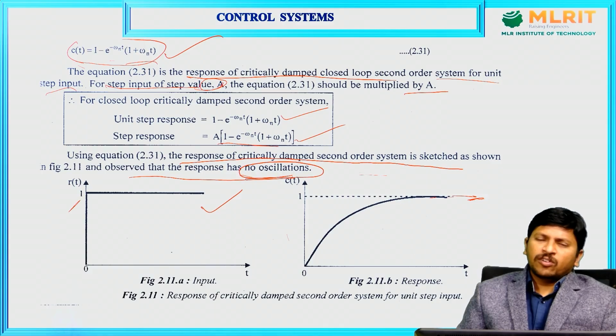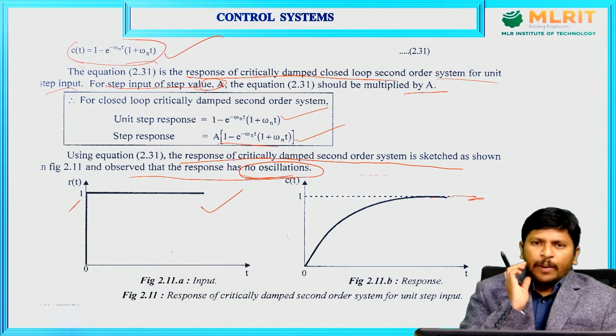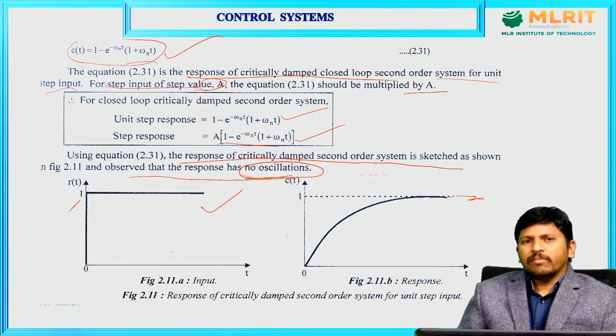Same procedure for all the systems based on the damping ratio, that is undamped system, underdamped system, and critically damped system. So all these are well learned for all the classes, right? So now one more is there, that is the overdamped system. You can also use the same equations, you can solve that one, you can practice that one also.